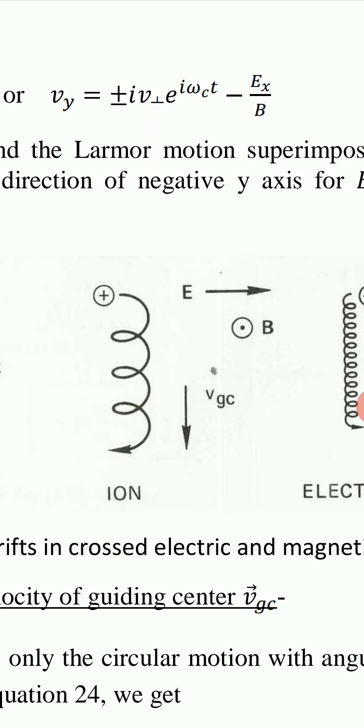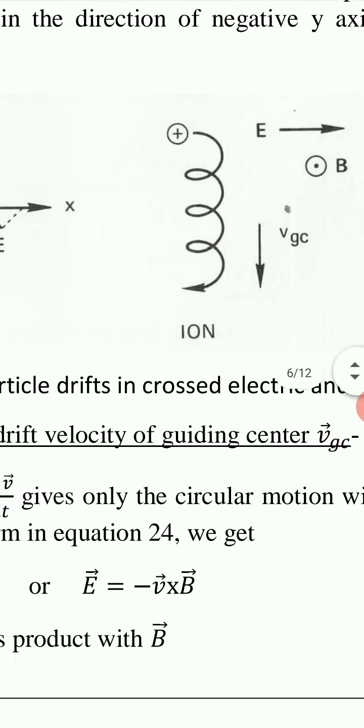Now if the electric field is present, we get this term minus Ex upon B for Vy. This means that the guiding center is now drifted along the direction of negative y-axis, which is shown in this figure.